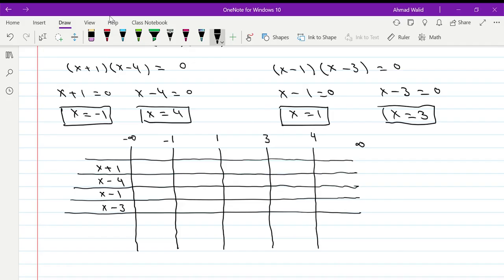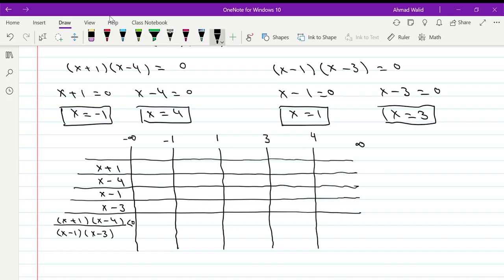It means here you have x plus 1 times x minus 4 over x minus 1, x minus 3, less than 0. It was less than 0, right? This problem was less than 0.